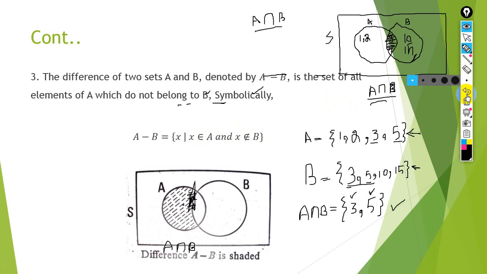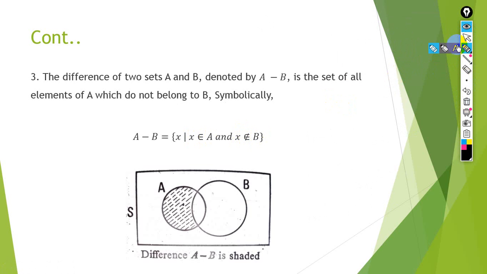So what does it mean? Here we have A minus B. For example, set A is 1, 5, 10, 15.